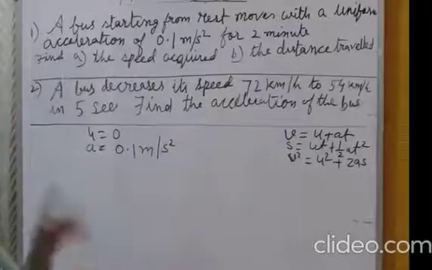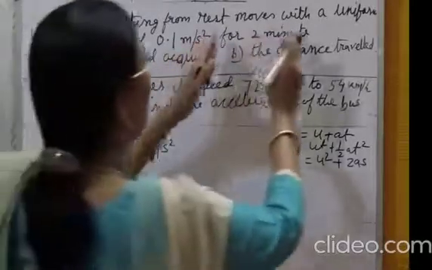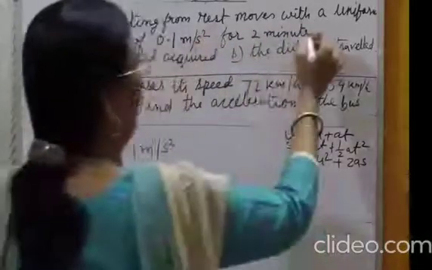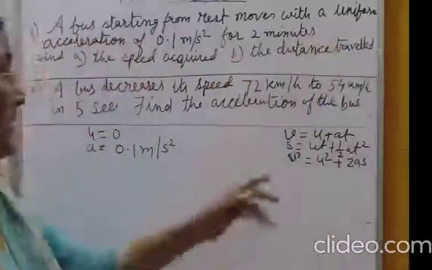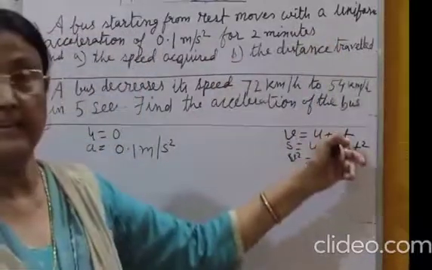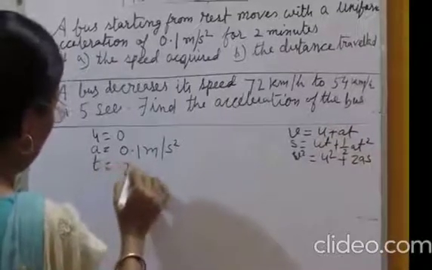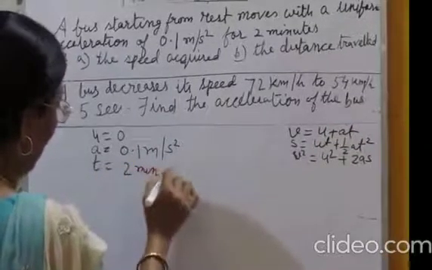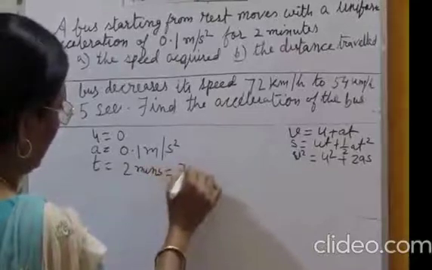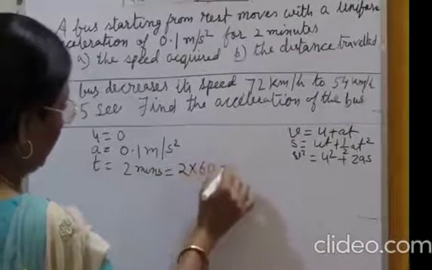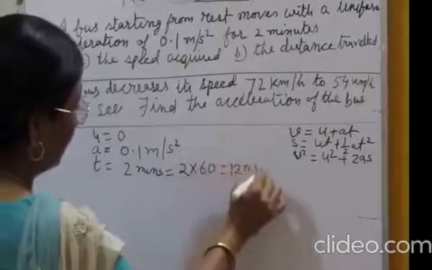Clear? Now, for 2 minutes. What is t? t is time. So, t equals 2 minutes, or 2 into 60, which means 120 seconds.